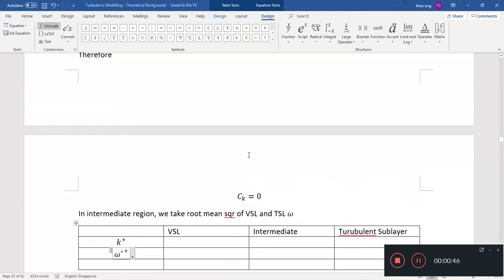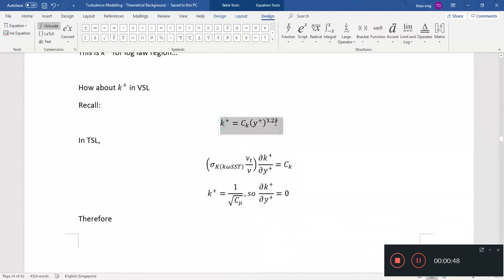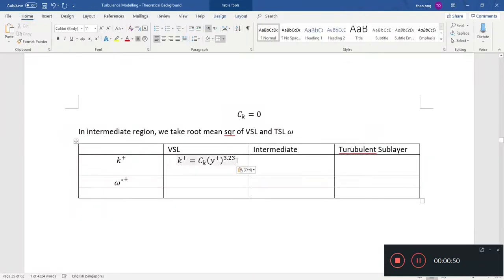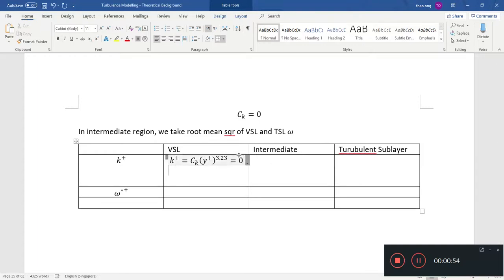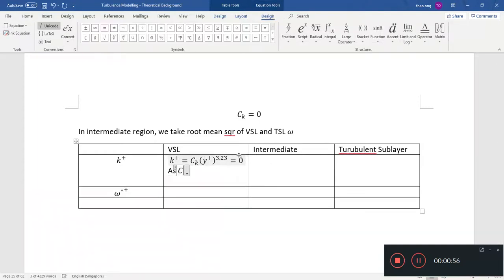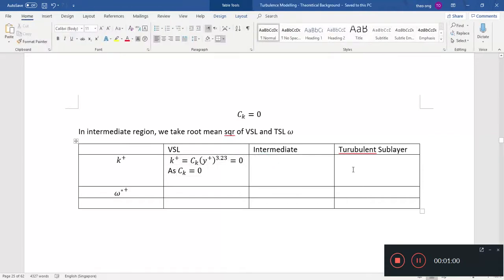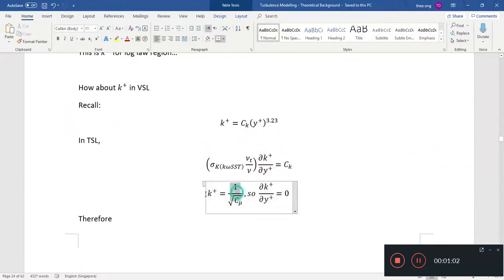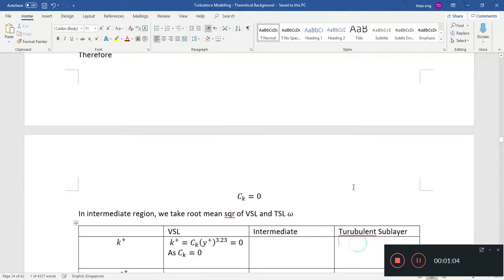So k in the viscous sublayer equals 0, as c k equals 0. In the intermediate region we don't have something there yet. In the turbulent sublayer, it is this.